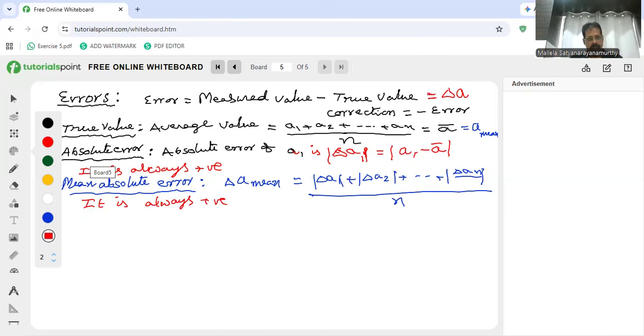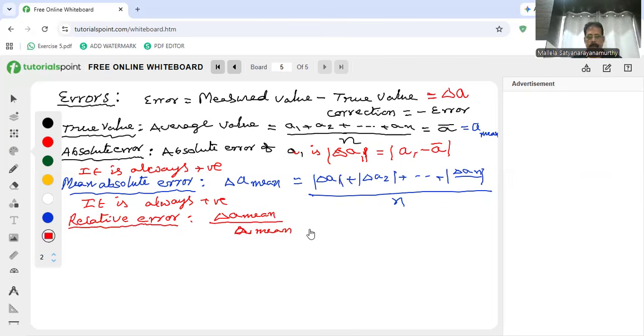Next, relative error. Remember here: relative error is mean absolute error by mean value. Delta A mean by A mean, which is called relative error.